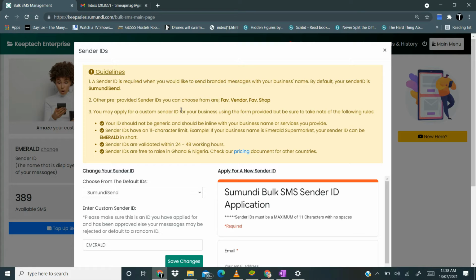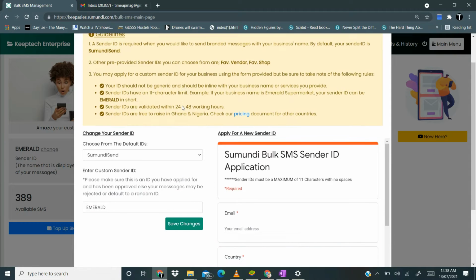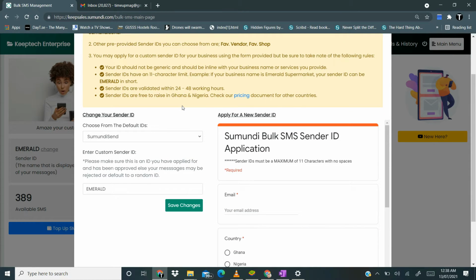The third is that you may apply for a custom sender ID for your business using the form provided, but be sure to take note of the following rules. One, your ID should not be generic and should be in line with your business name or the services that you provide. What this means is that you are going to fill a form in order to apply for a sender ID. It's not automatic that the moment you enter your sender ID you receive it instantly.